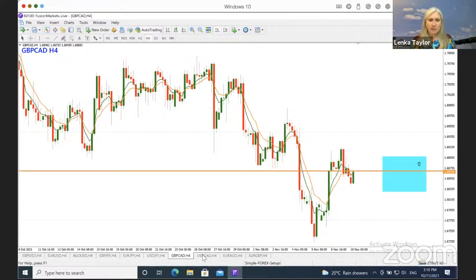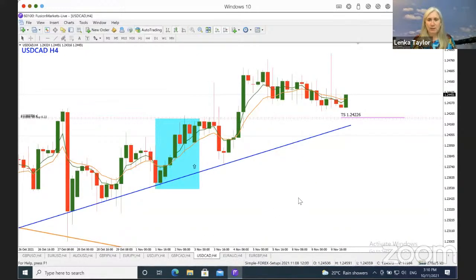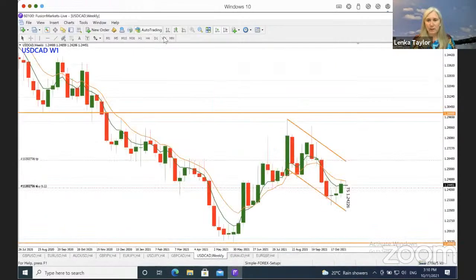The next currency pair I'm looking at is GBP CAD. And GBP CAD, I'm looking for a long. I'm already in that trade from last week. So I'm basically holding in. If we have a look at the weekly, because we're actually in a downtrend, this is just a short-term reversal.